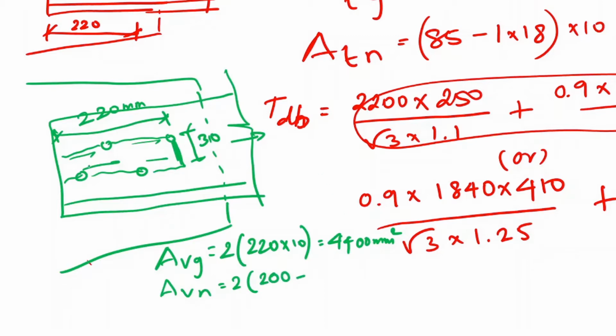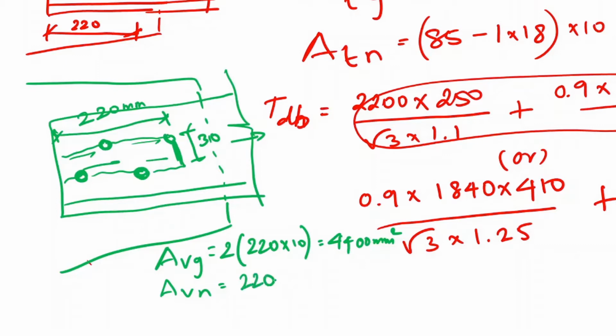For ABN, if you go back to this, in this shear failure plane you have two complete holes, but in the first shear failure plane you have one and a half holes. So instead of multiplying with 2, you need to calculate separately.